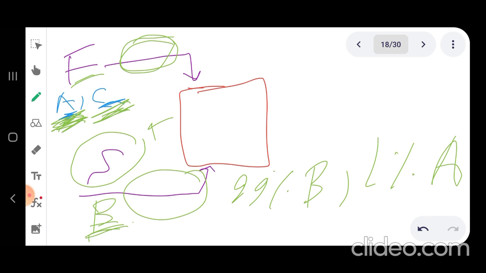So again, a stream is different from a component. One stream could contain more than one component.